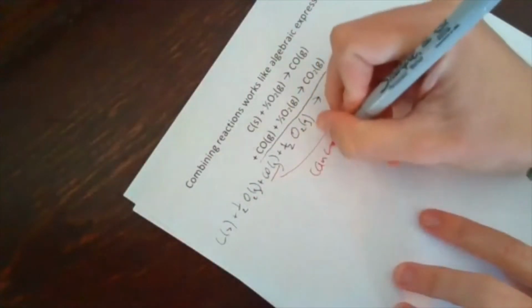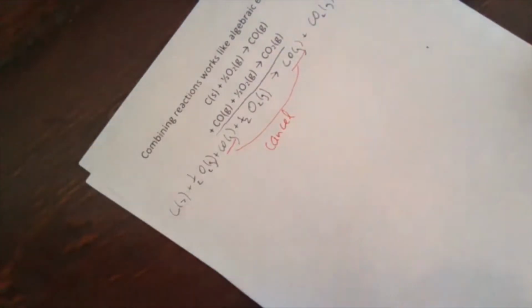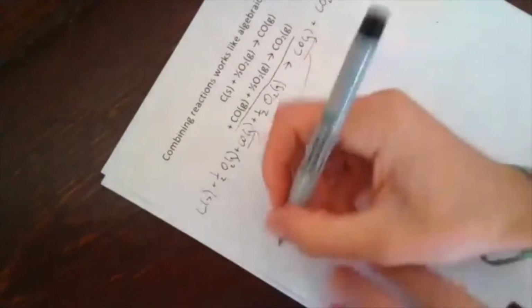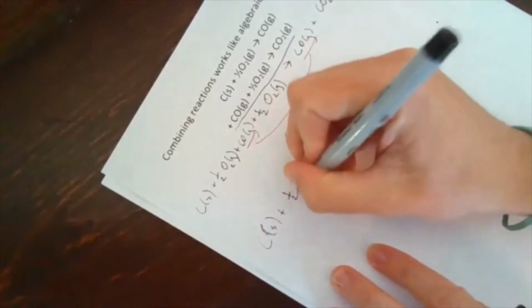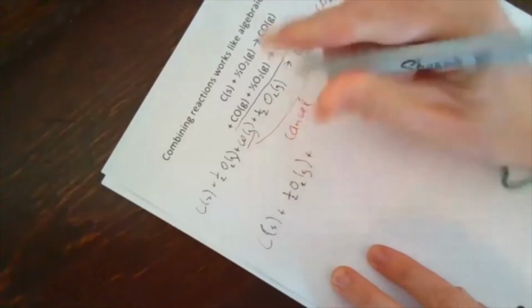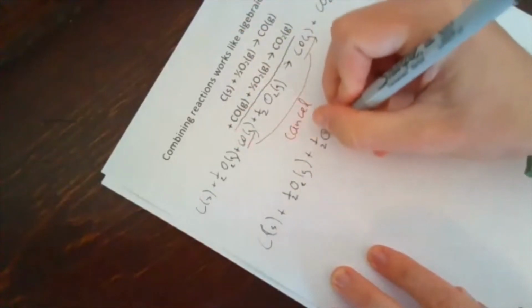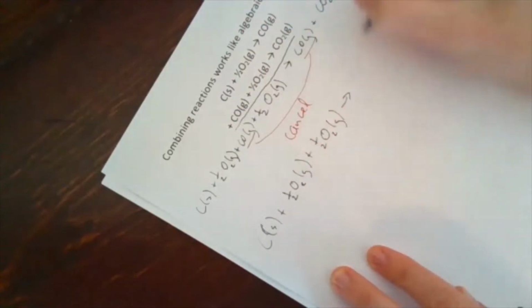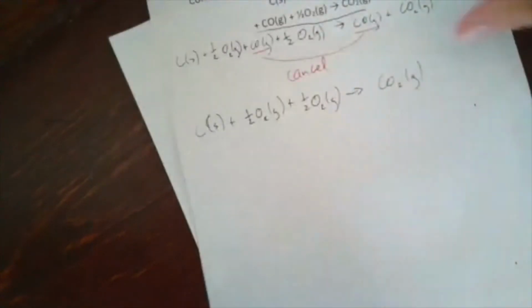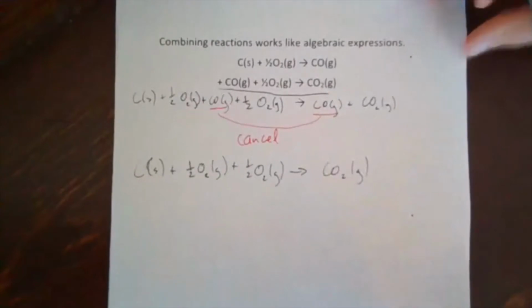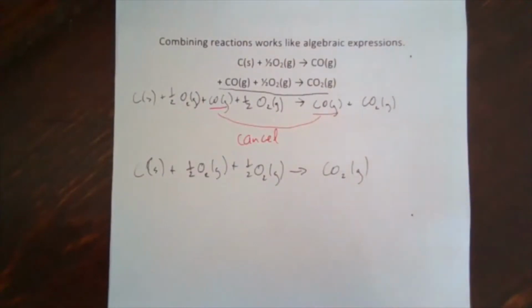We want to cancel those out. That's not a net change. So we cancel that out. We would be left with just the carbon plus 1/2 O2 plus 1/2 O2 becomes just CO2. So the carbon monoxide is not a net change, so we want to get rid of that.